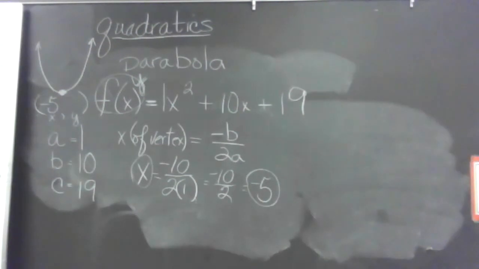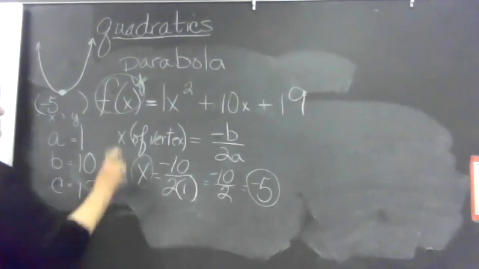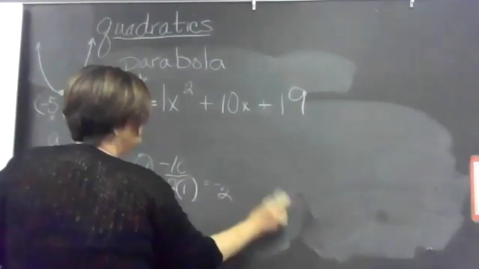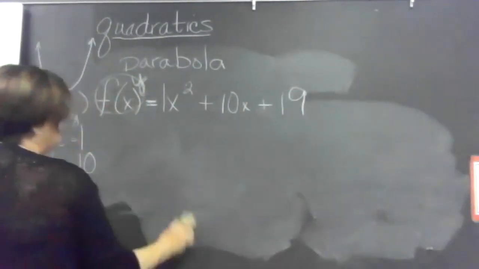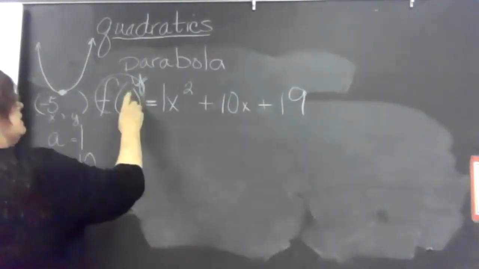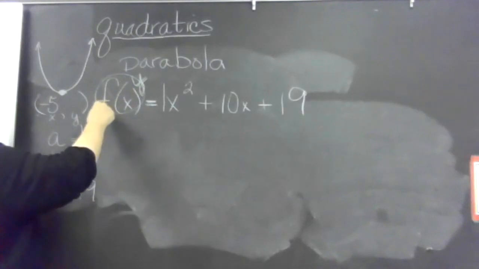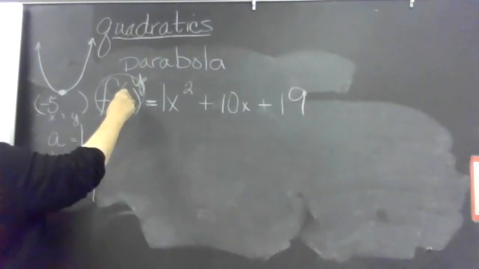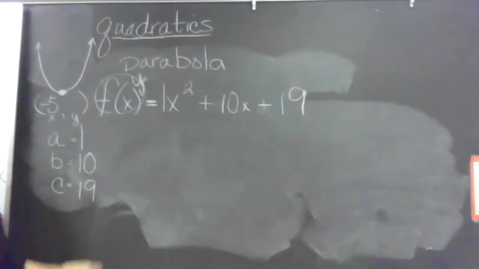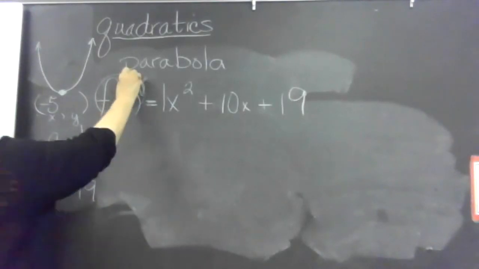Okay? Now the way that we find the y part is we're going to take the value that we found for x and plug it into this formula. Remember, the f of x means the same thing as y.